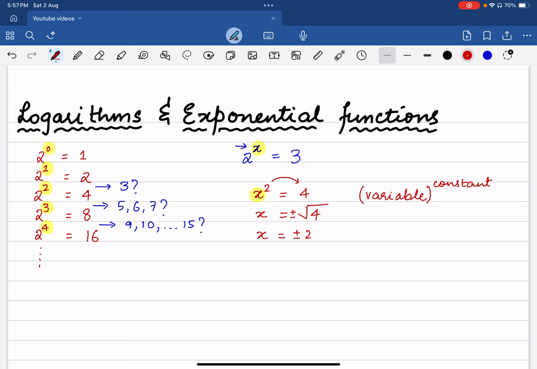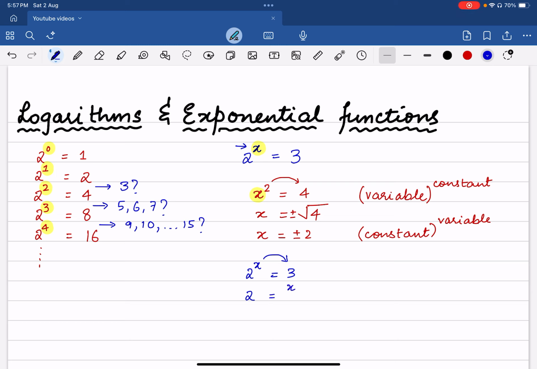But this guy, he questioned that what if I have a constant raised to a variable? What if I have that? In such a case, what should I do? Because if let's say I'm working with 2 raised to x equal to 3, and if I try to send the x on the other side, obviously when the power goes on the other side, it becomes the root.